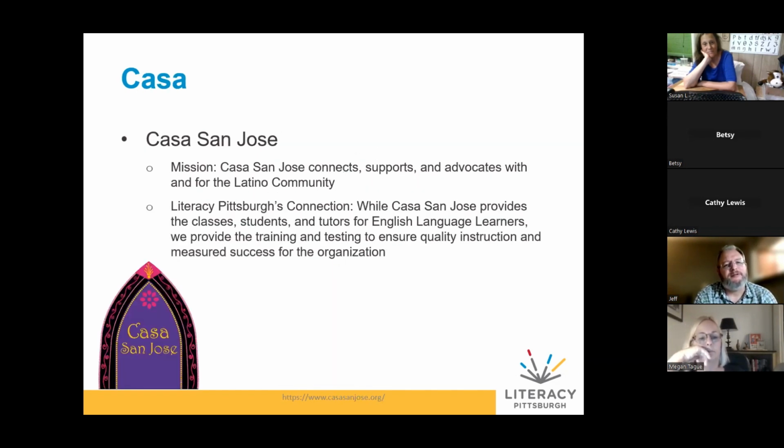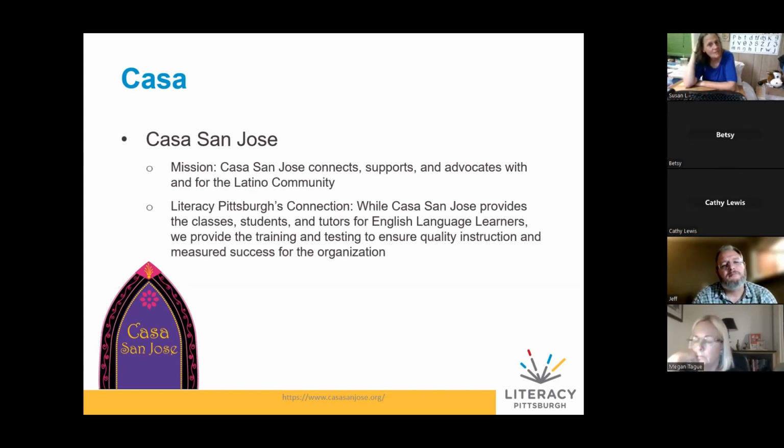And there's CASA, which usually when we speak inside of Literacy Pittsburgh, we just refer to as CASA, but it is CASA San Jose, which is an organization that connects, supports, and advocates with and for the Latino community. So Casa San Jose provides classes, students, and tutors for the English language learning classes.